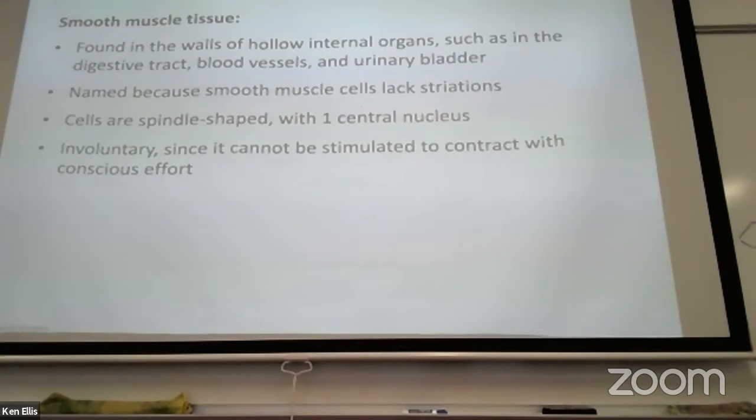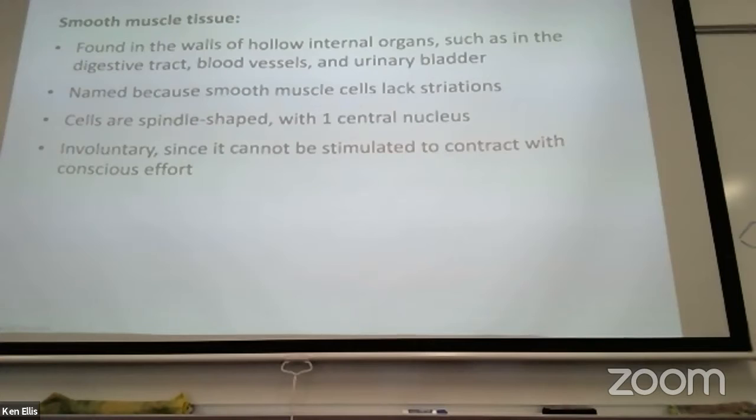In other words, you have veins and arteries that squeeze like this, or your stomach that literally churns, like somebody's got hands on the outside of it. But you can't say, well, stomach, let's contract. It ain't gonna happen because you don't have control over it. So that would be smooth muscle.